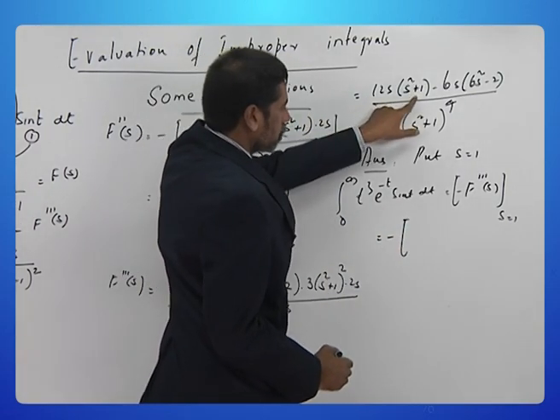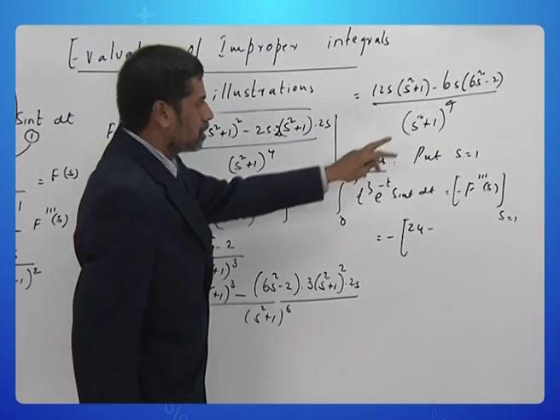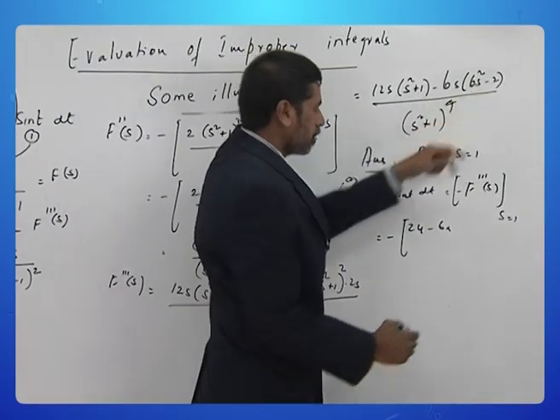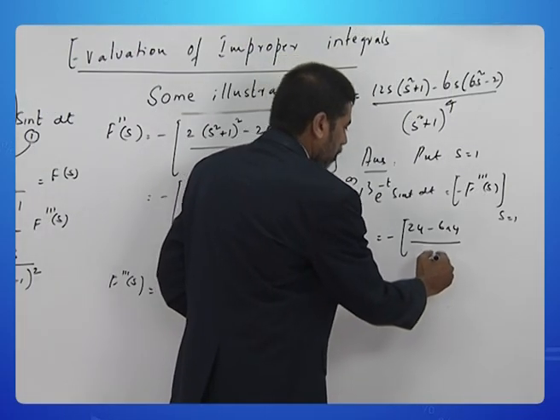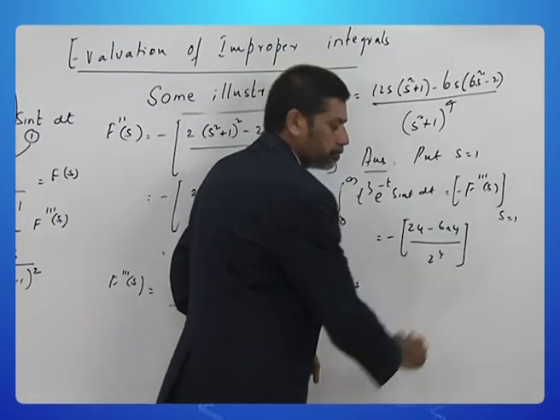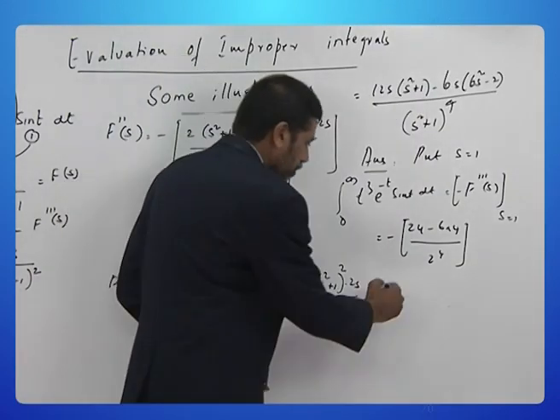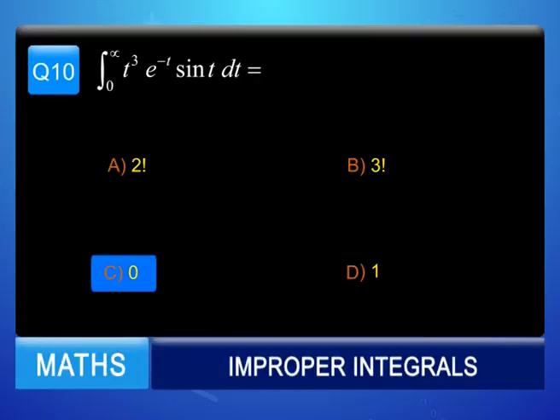This becomes 2 into 12, 24, minus 6 into 6 minus 2 is 4 by 2 to the power of 4. 24 minus 24 is 0. And the correct option is C.